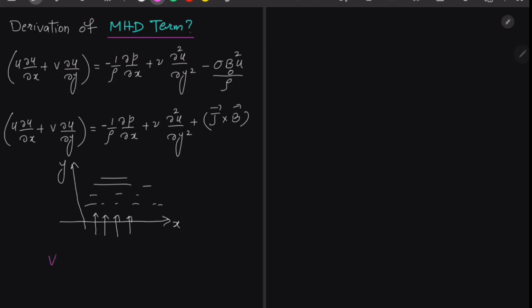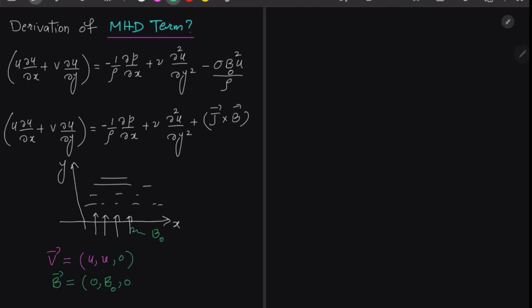Velocity is written as V = ui + vj, and the magnetic field, which is applied in the y direction, is written as B naught. So the B vector is (0, B naught, 0), and the velocity is (u, v, 0).